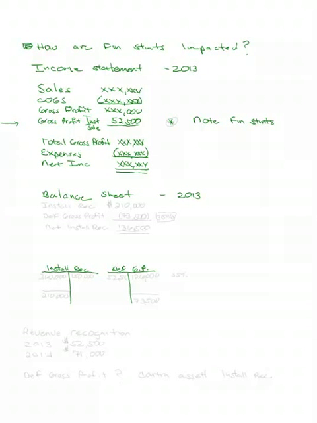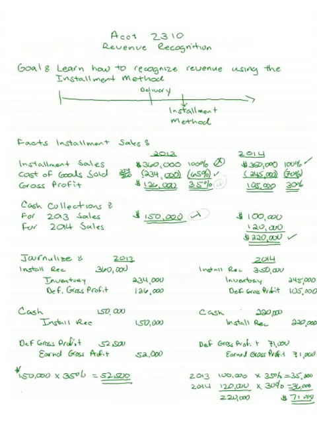So, going back to our example, you'll recall our sales were $360,000. So I record that in our installment receivable, and I get that from information from our example we're currently using.